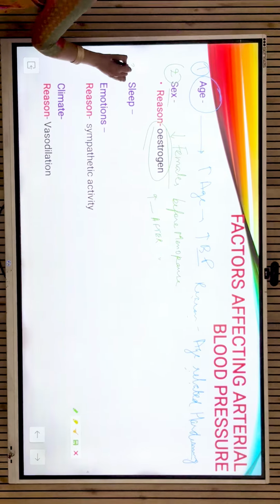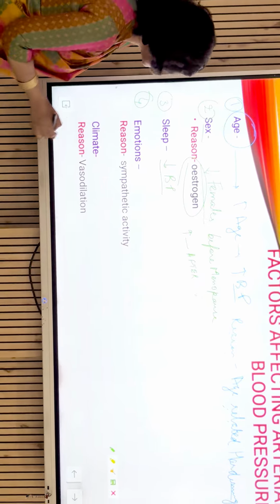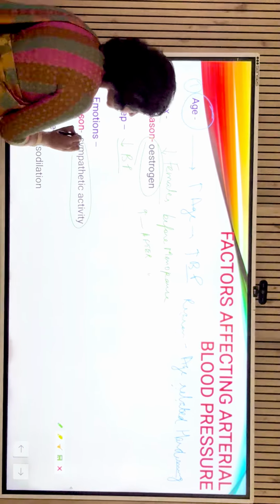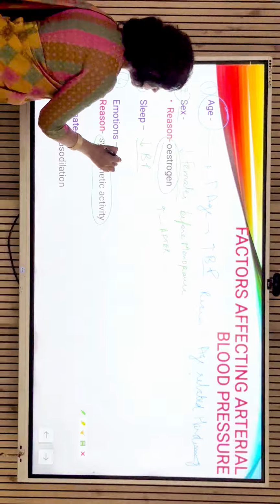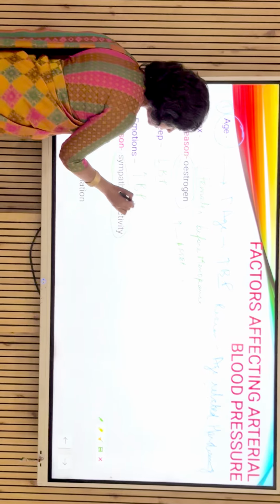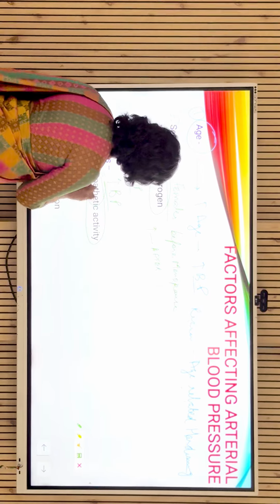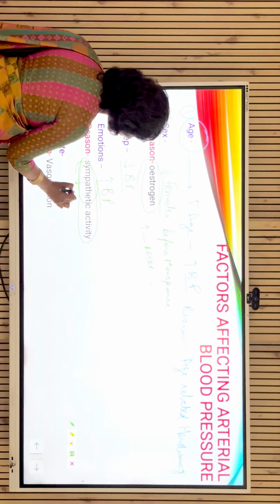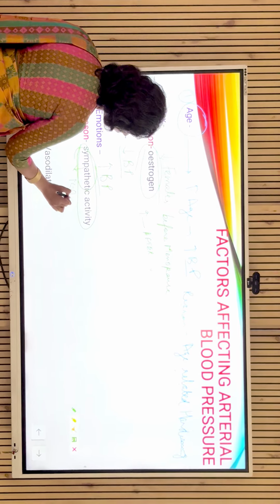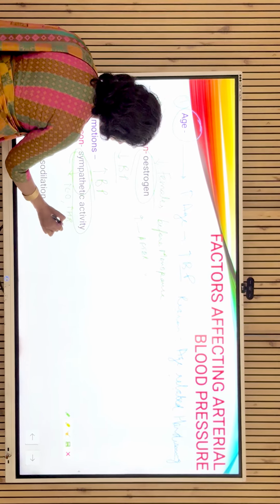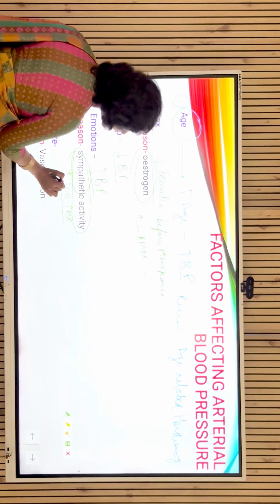During sleep, there will be a slight fall in blood pressure as the person is relaxed. During emotions, because of higher sympathetic activity, an increase in blood pressure will be observed. What is the reason? Because increased sympathetic activity will increase cardiac output and heart rate, and both these factors are determinants of blood pressure.